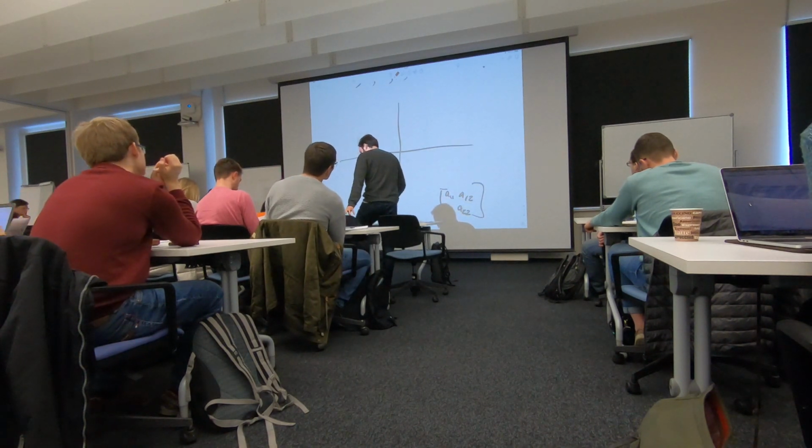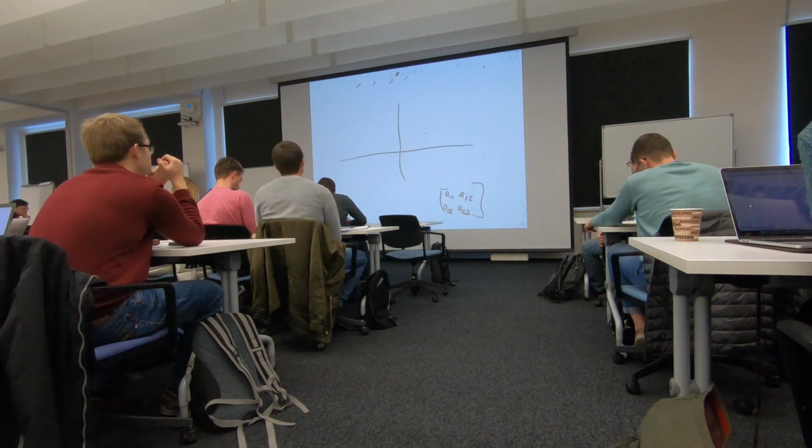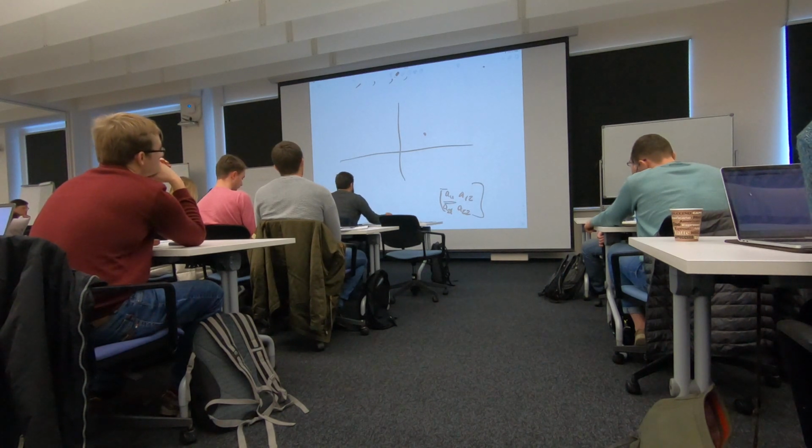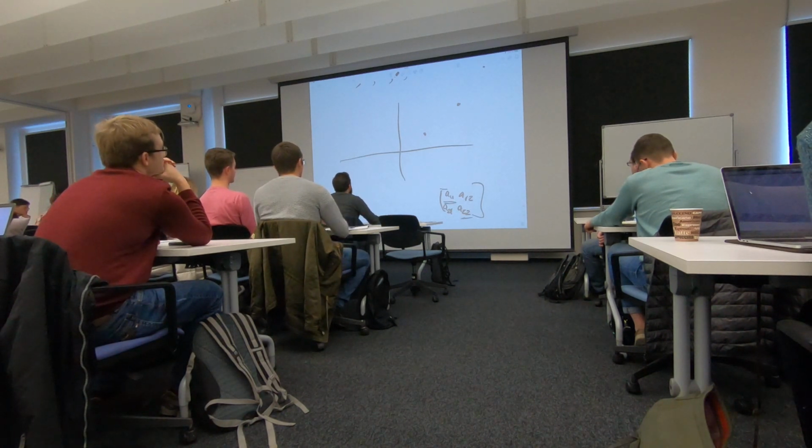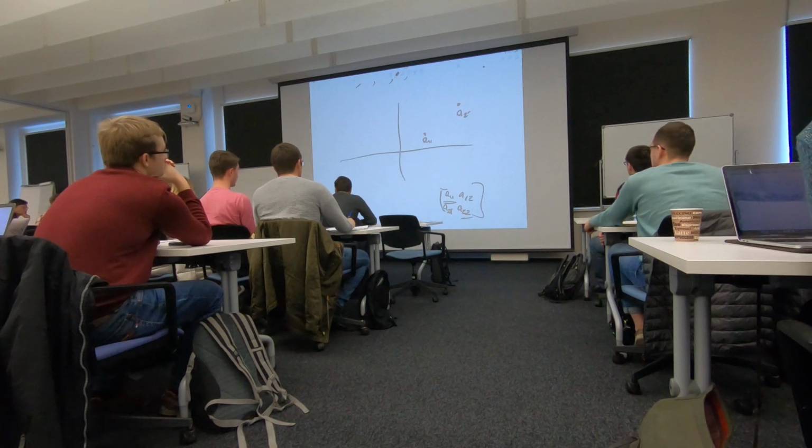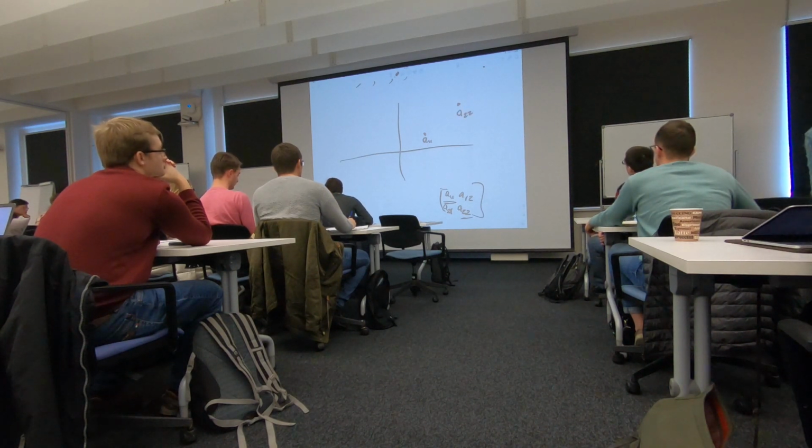We put the center equal to the diagonal element, A11, A22, and the radius is equal to the sum of absolute values of the off-diagonal elements.